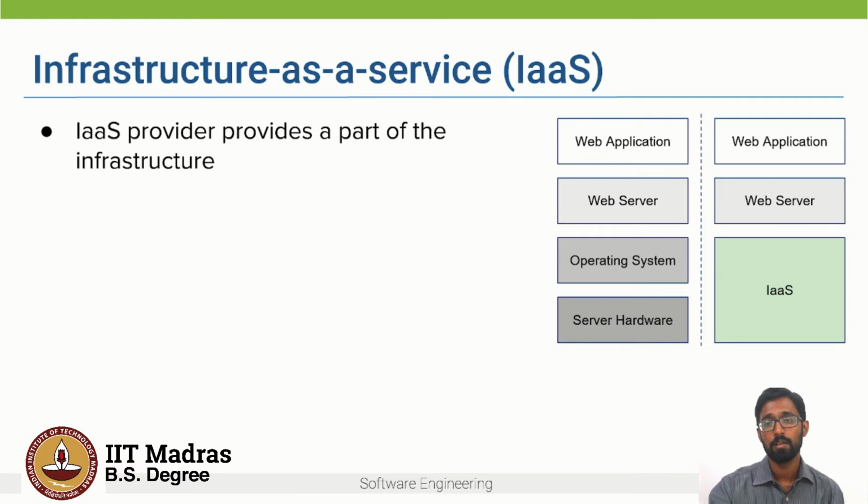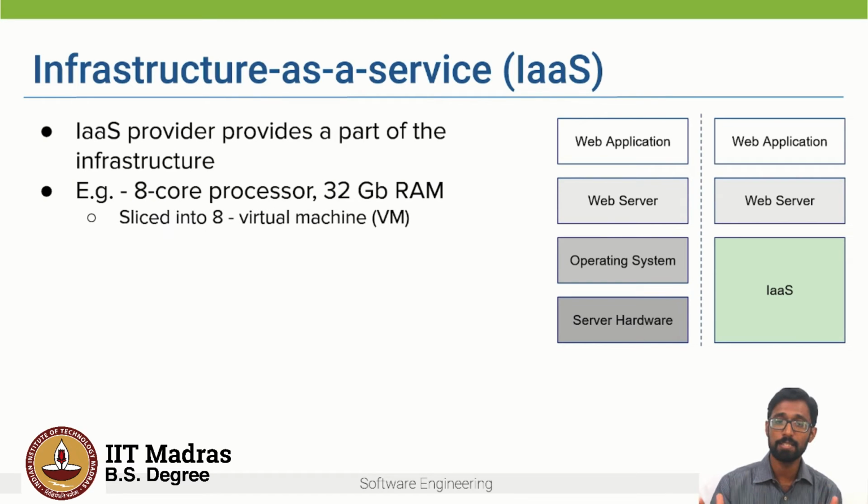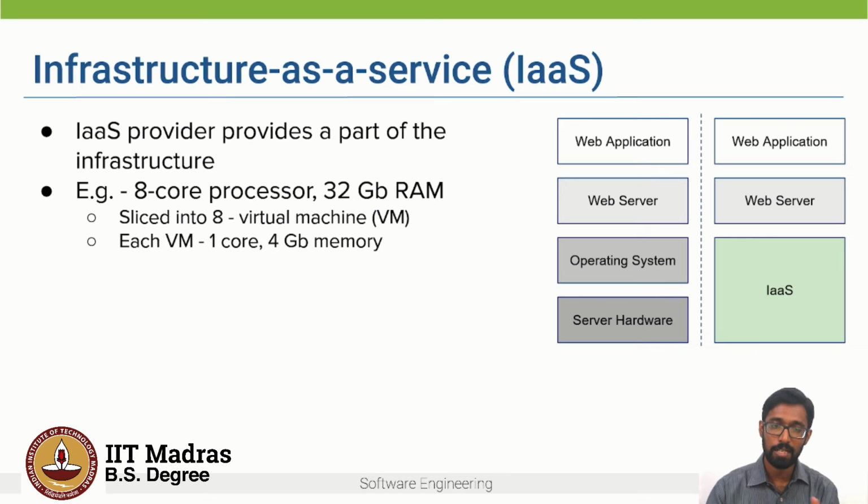For example, let's say the IaaS has an 8-core processor with 32 GB of RAM. What it does is it slices this into 8 parts, and each of these parts is known as a virtual machine. Each VM contains 1 core and 4 GB of memory.